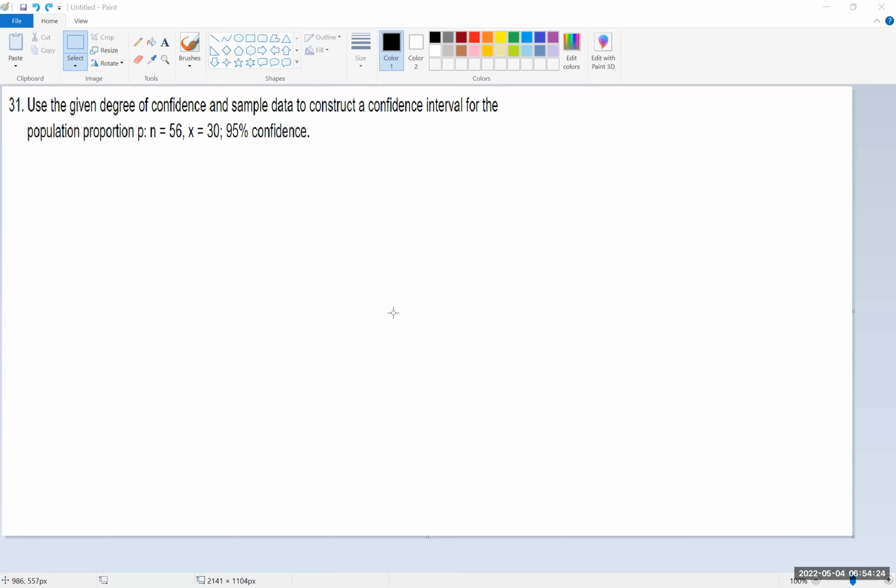All right, so I think we're going to go ahead and try to do this in two different ways. The first way is using a formula.